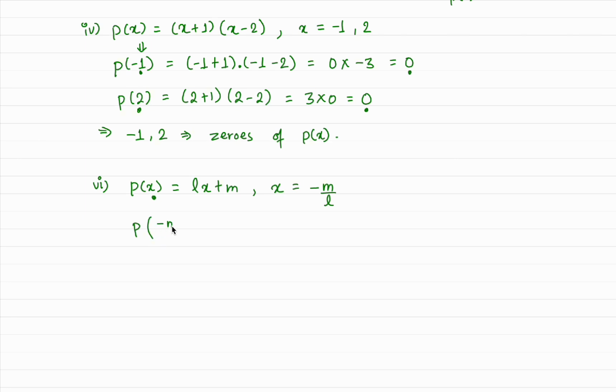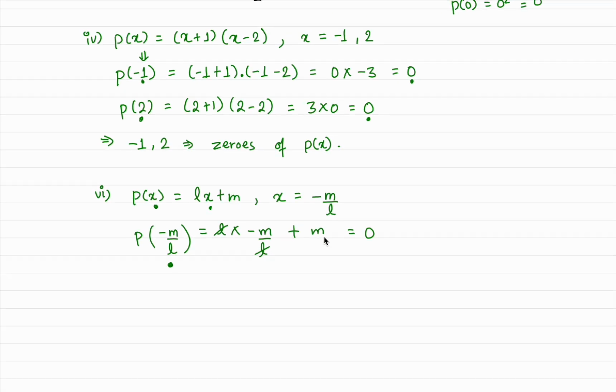When you put minus m over l in place of x, we have l times minus m over l, plus we have our m. We can cut this l and that l, we get minus m plus m, which is 0. So when you put this particular value, you indeed get 0. So this is also a 0 of this polynomial, because it's giving us 0.